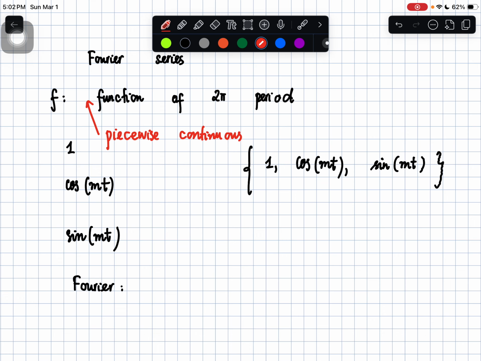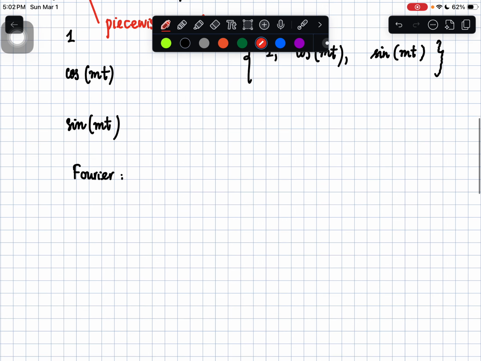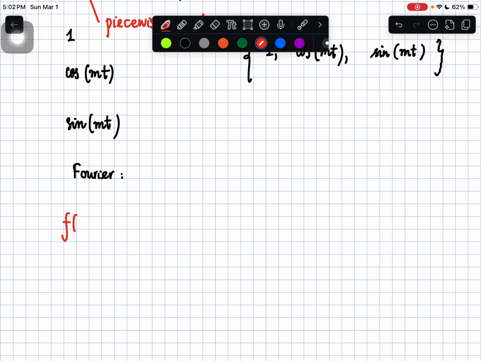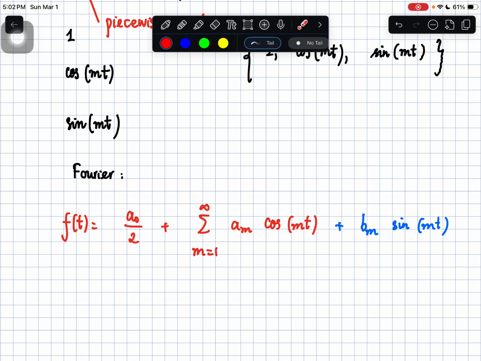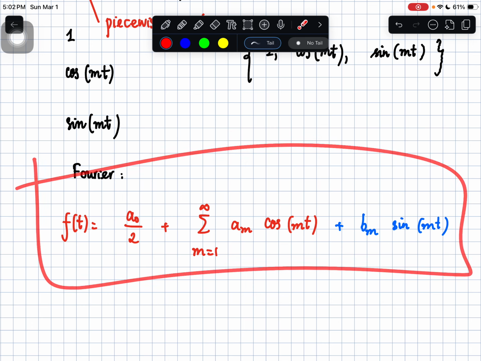For a piecewise continuous function of 2 pi period, f(t) can be written as a0 divided by 2 plus the sum, m from 1 to infinity, of am cosine mt plus bm sine mt. This is the Fourier series.